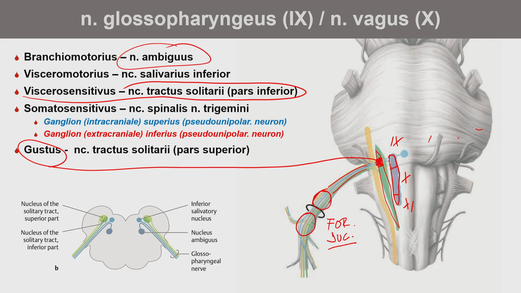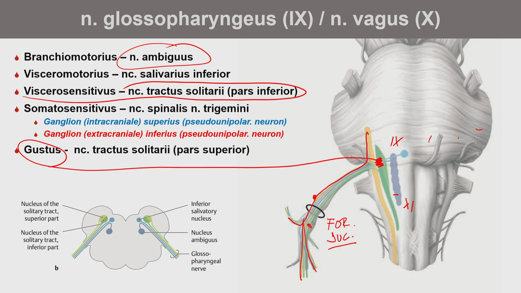In the upper part is a pseudo-unipolar neuron, which could be seen here, and this nerve contains the fibers about proprioception from muscles and sensations from the inner surface of the territories innervated by glossopharyngeus. So it is similar again to the sensitive ganglion on a sensitive root on a spinal nerve.